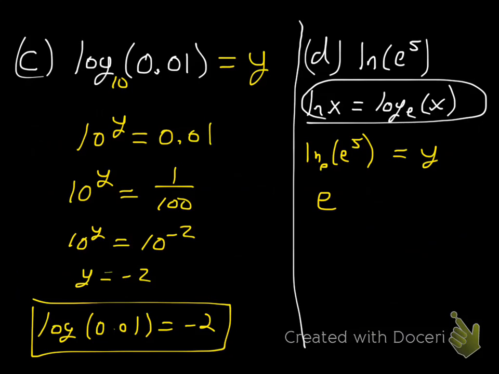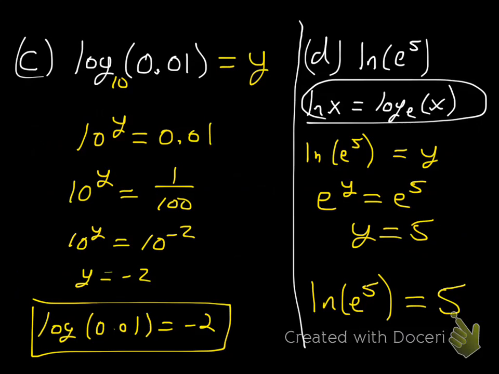The base here is e, but we don't write it in. So e to the y is equal to e to the 5th. Exponentials are 1 to 1, and we can equate the exponents. So ln and e are inverses of each other. Input is going to be whatever you put in here. So when you compose a function with its inverse, you get the original input. The original input was 5.